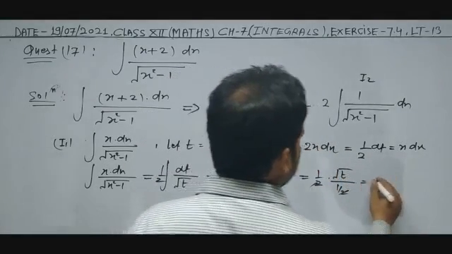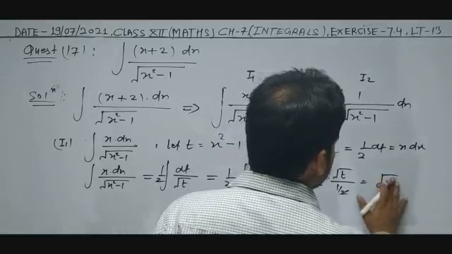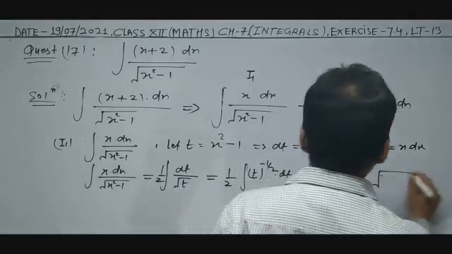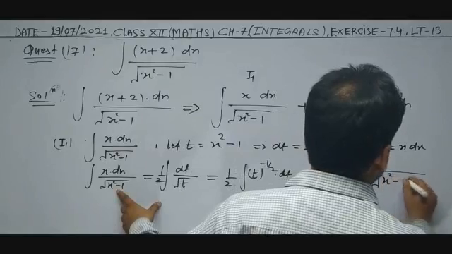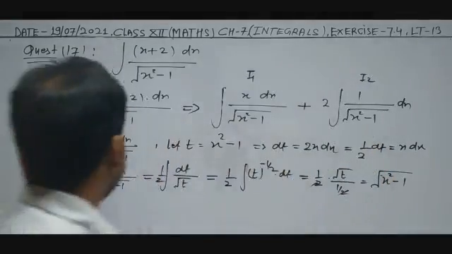So 2 will cancel out and the result you will get is root t, and root t means root over x square minus 1. This is the result of the integral part.